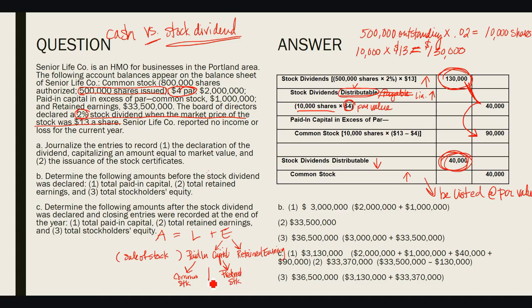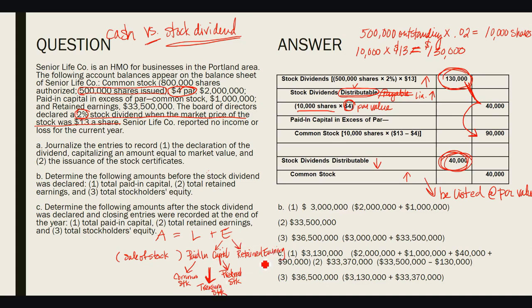Then we have a third component that we talk about later, and that's treasury stock, which is a contra equity account and reduces equity. So that really doesn't count in this conversation, but it is a part of the paid in capital.